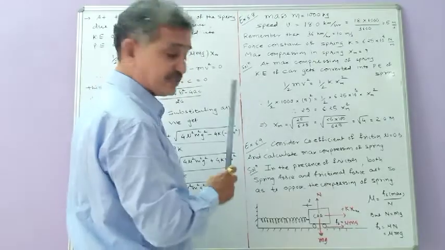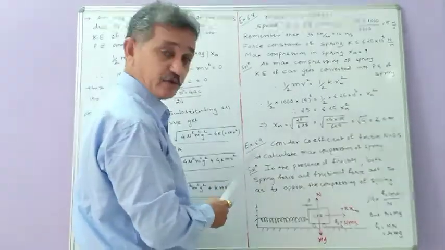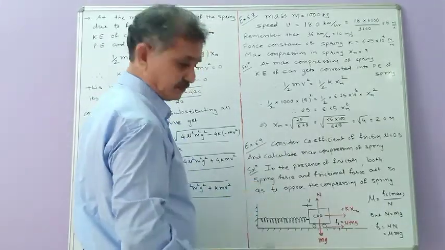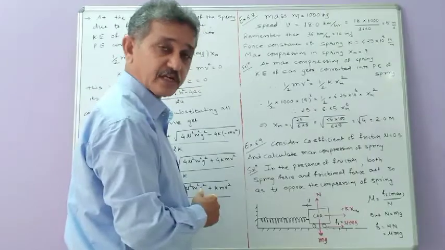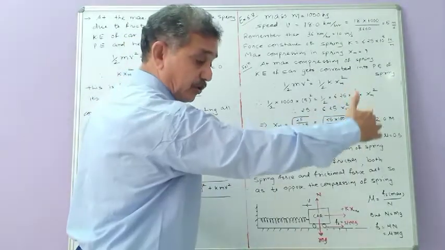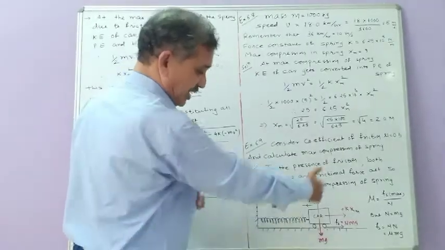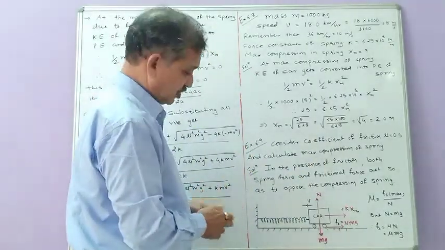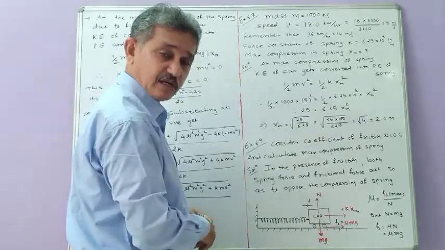Then in the same example, a slight modification is there. Now as it is given in your textbook, consider the road is not a smooth road, but a rough road. And on this rough road, now the car is moving with the same speed, and then it is colliding with this spring which is held horizontally with one end fixed to the vertical wall.